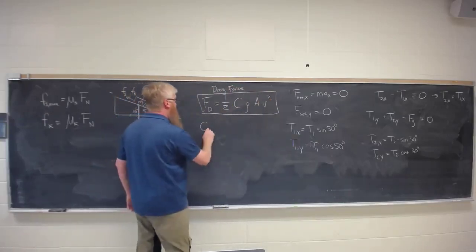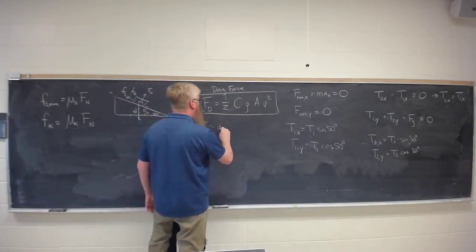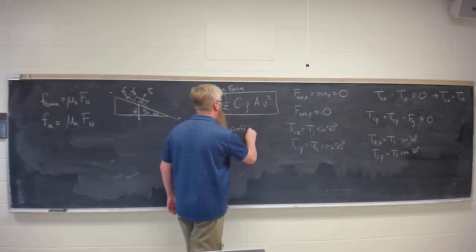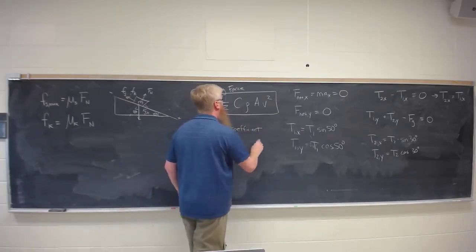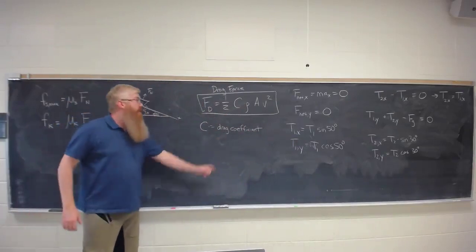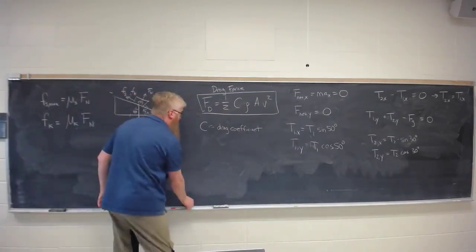Where c is just some drag coefficient. Rho is the density of the fluid that you're moving through, the density of air. A is cross-sectional area.